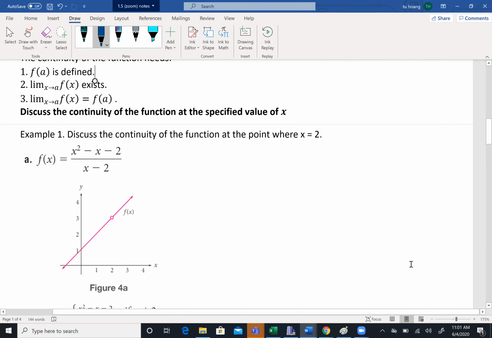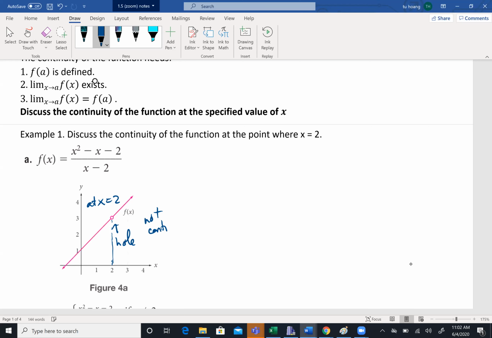You can see easily that there is a hole in the graph at x equal to 2. So I can right away say it is not continuous at x equal to 2. This is just from the graph.